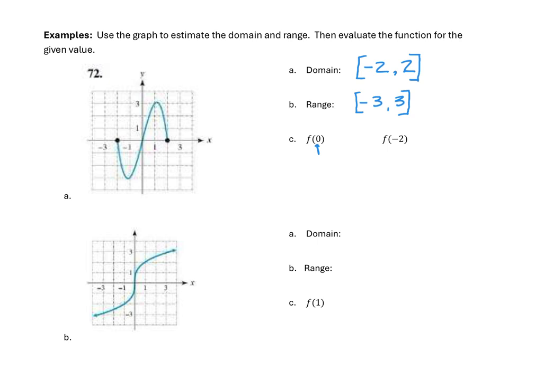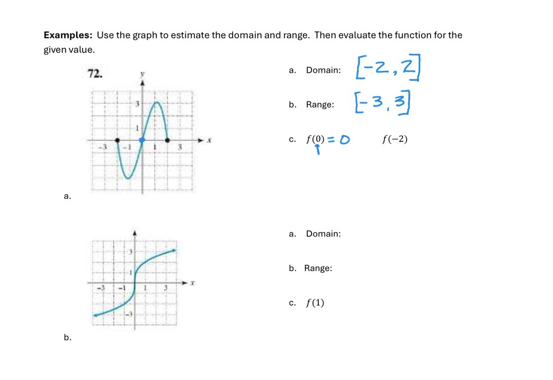If we come to where x is 0, that's going to be on our y-axis right here. And so we are looking at this point. We're looking at the origin. And so when x is 0, y is 0. To write that in function notation, we just say f of 0 equals 0.